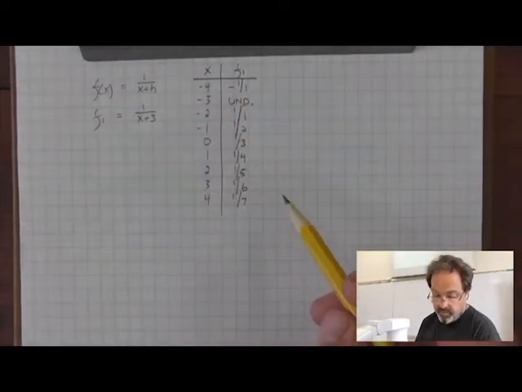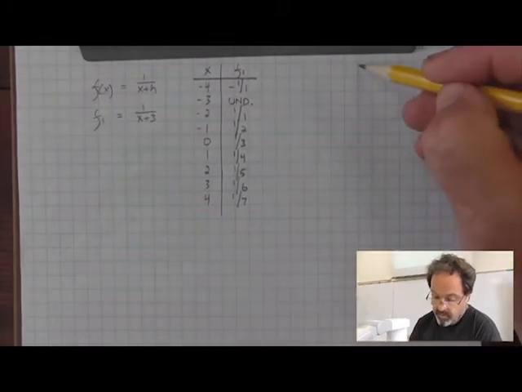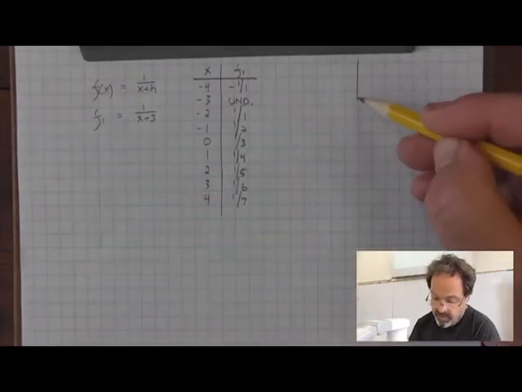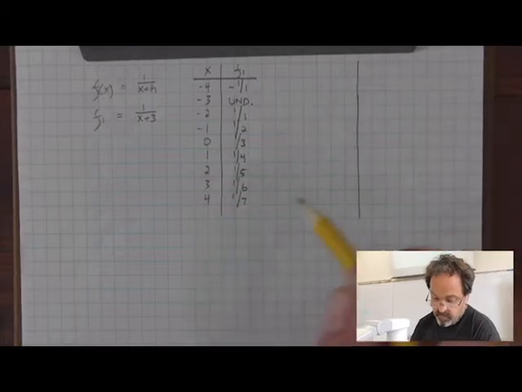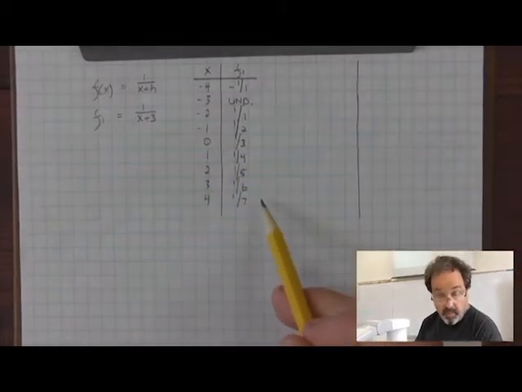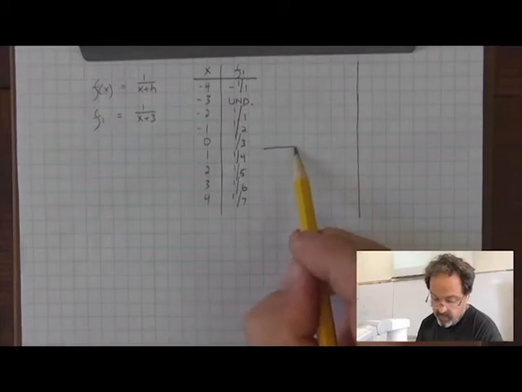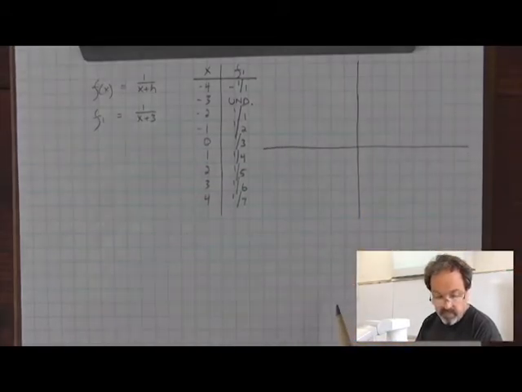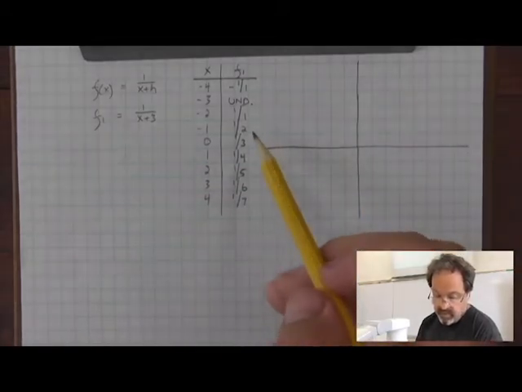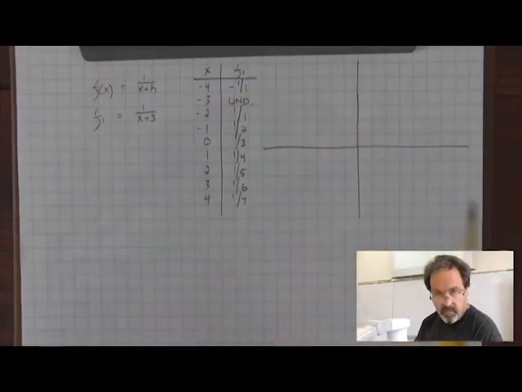I have many points to plot. Remember, I'm in the habit of not drawing my axes until I have a good idea of what I'm going to plot with this information or on these axes. So that informs me how I'm going to label my tick marks. In this case, I can see that the output is going to be small numbers, fractions, and some negatives.